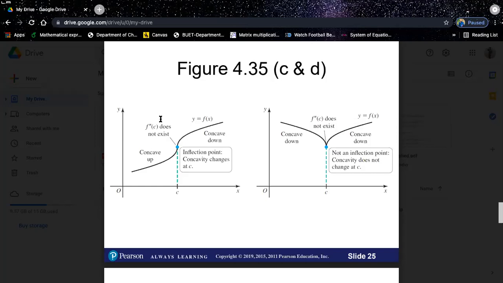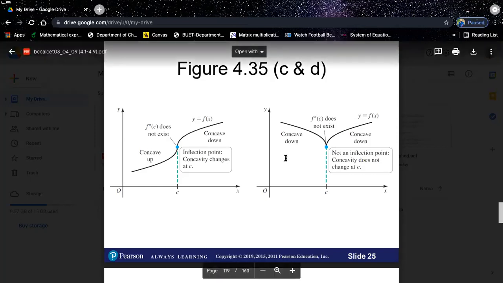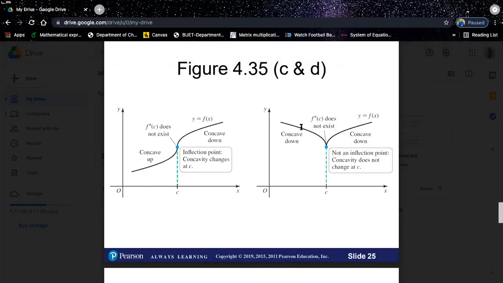Now, let's see another case. So for this one, we have concave down before this point, we have concave up after this point, and at this point, C, the second derivative does not exist. So if the second derivative does not exist, that's not a problem.